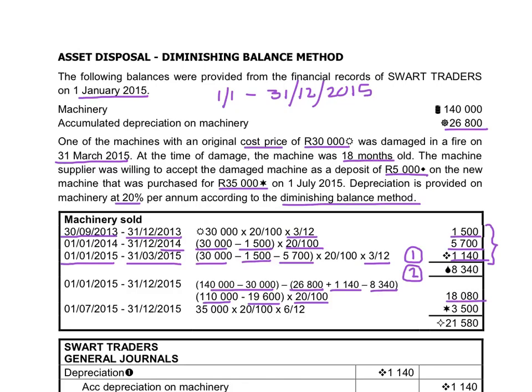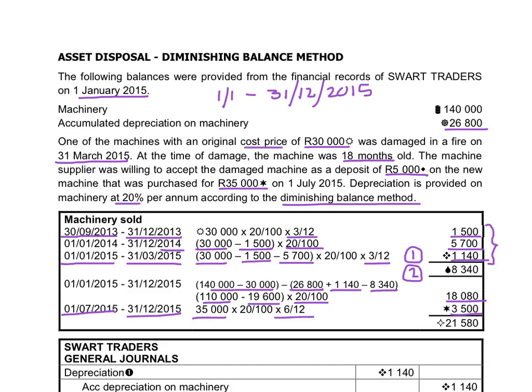The new machine was purchased on the 1st of July 2015, and we used it until the 31st of December 2015. The cost price was 35,000, and we calculated depreciation at 20% for the 6 months that we use this asset, and that will give us 3,500.